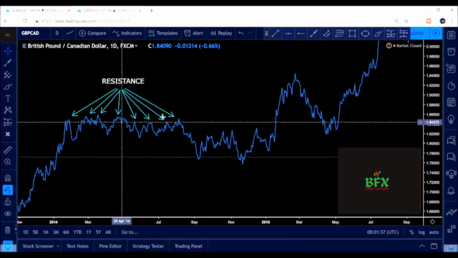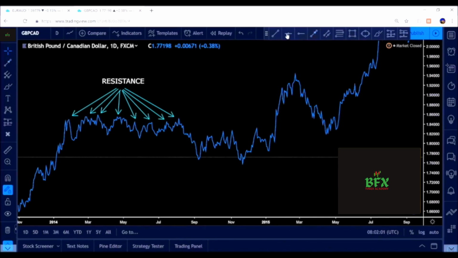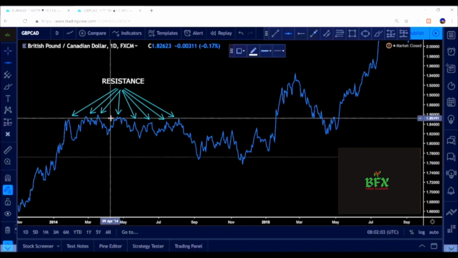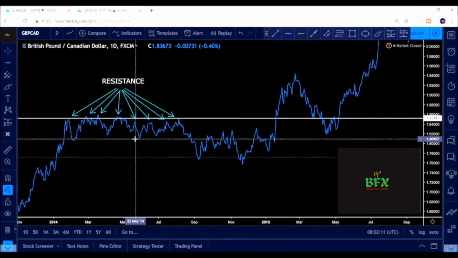So with all these touches here, all these reactions here, we can take our line tool and place a line here. This lets me know that there is a support and resistance zone within this general area we have right here. Now, they are zones.